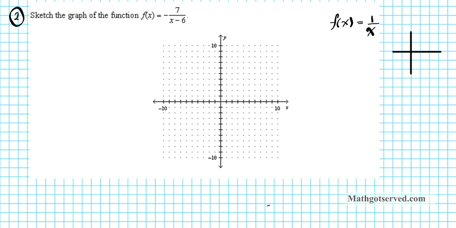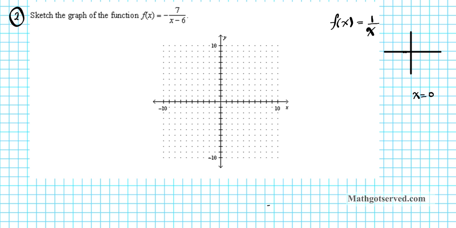Now for the parent rational function f of x equals 1 over x, the vertical asymptote is equal to 0 because you set the denominator x equal to 0, right? And then it's already solved. Nothing cancels out here, so the only factor in the denominator that remains is x equals 0.